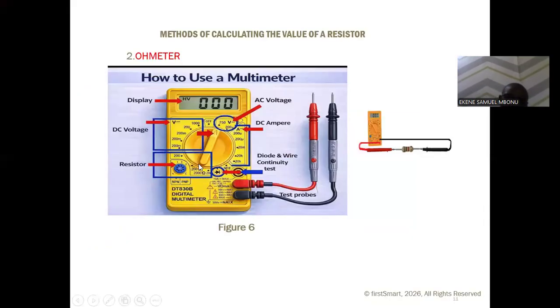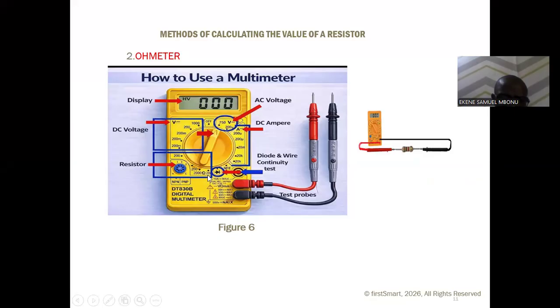When you pick your multimeter, there's always a resistor range. Even if it is a multimeter that is auto, you just look at that meter properly. So this is the resistor range.